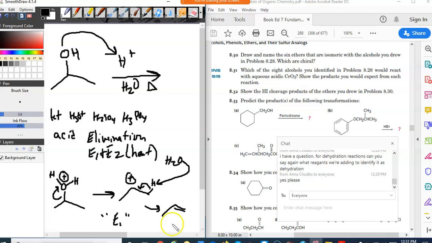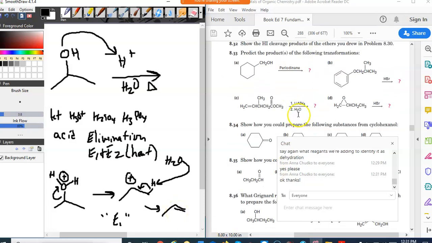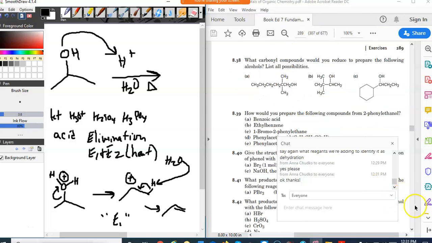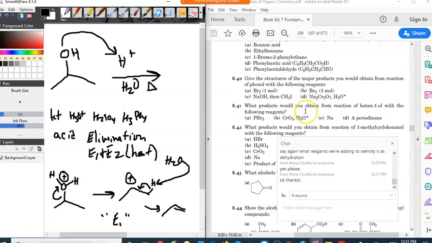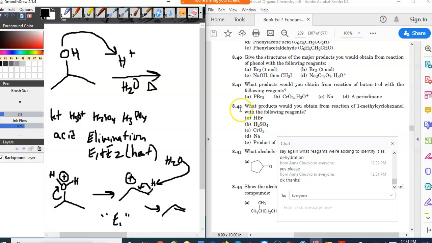Okay, so back to your question, what reagent? It's basically acid. All they're doing is adding acid here. In this other reaction, you notice in A was HBr, and in B is H2SO4. So yeah, Anna, you asked a good question.